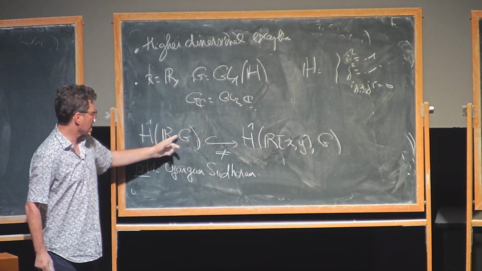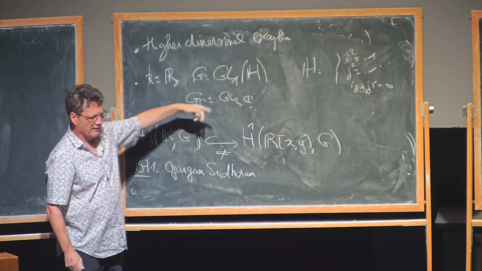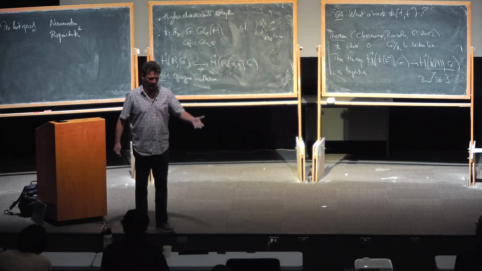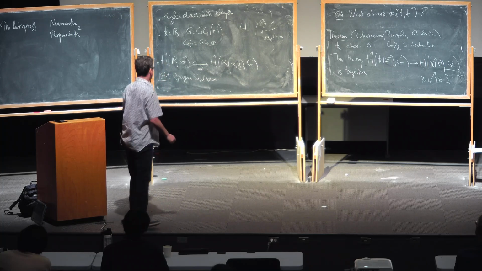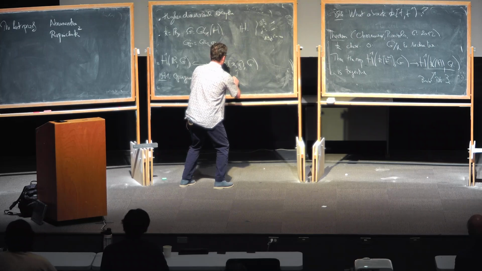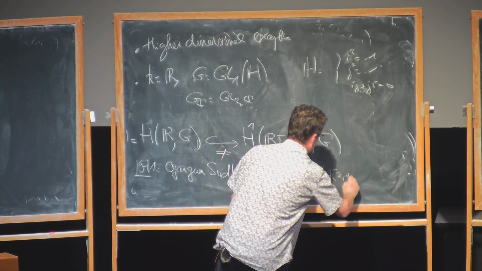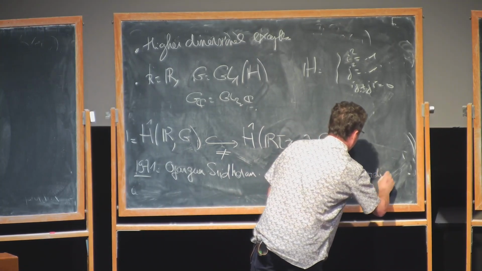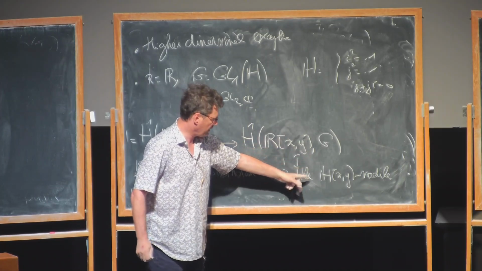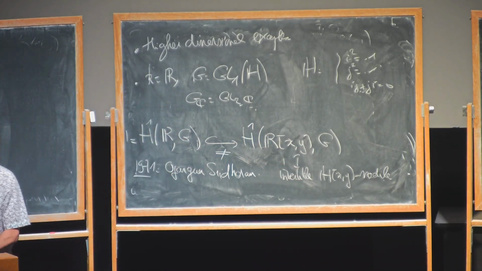And of course, this H1, what does it classify? We have a kind of generalization of Swan-Serre, or what I said with projective modules. It classifies invertible right H-modules, okay? And then what happens is that we can construct invertible modules which are not free, so which give non-trivial classes here.